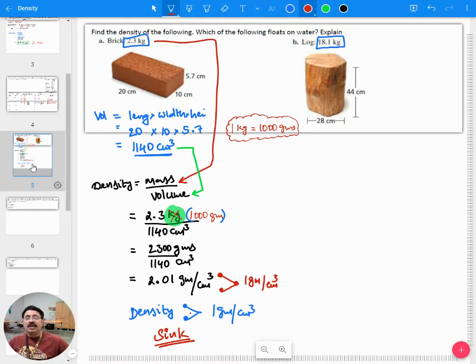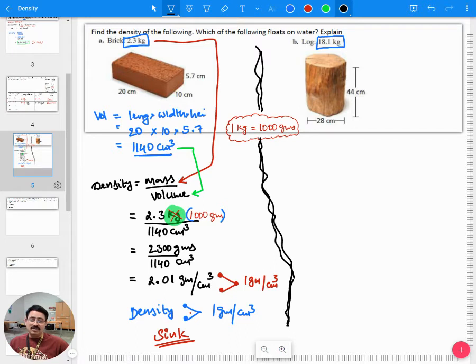Okay, now let's go to the second part of the question. A log of wood is given, 18 kilograms, which is heavier than a brick, but will it float or not? Let's check it. Okay, so let me write again.